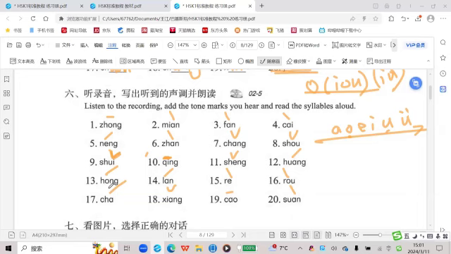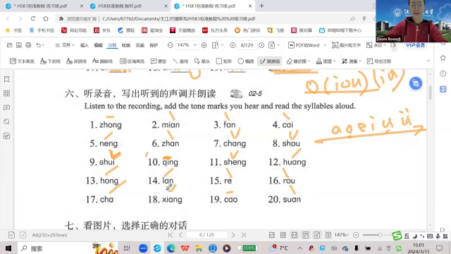Yes, it means red. 红. Yes, 蓝. Where are you? 蓝.